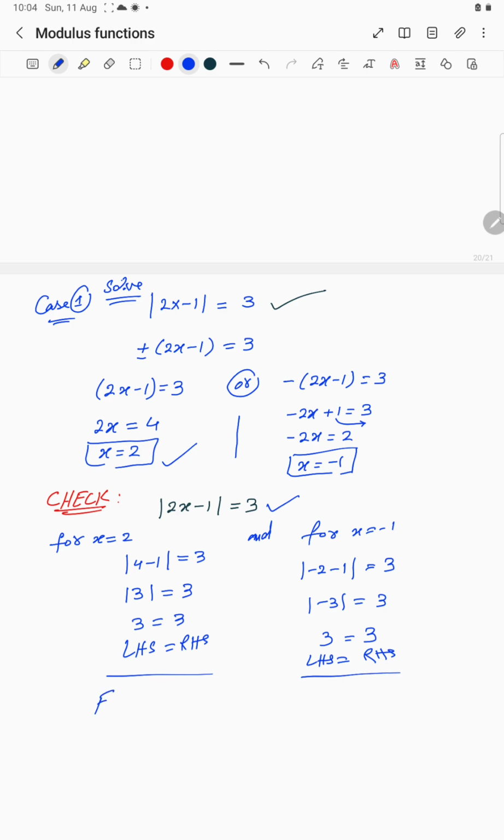So the final solution is x equal to 2 or x equal to minus 1. This is how we can solve it. I hope it is clear. Let's proceed to the second question.